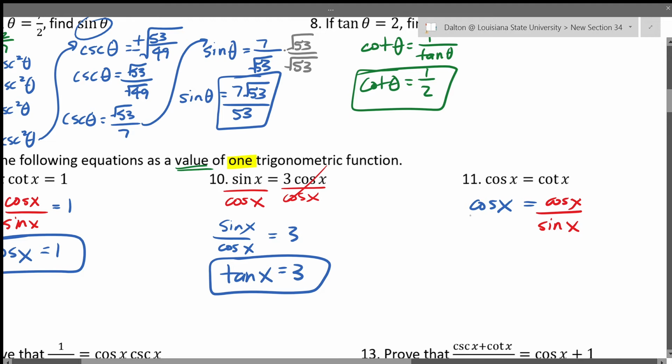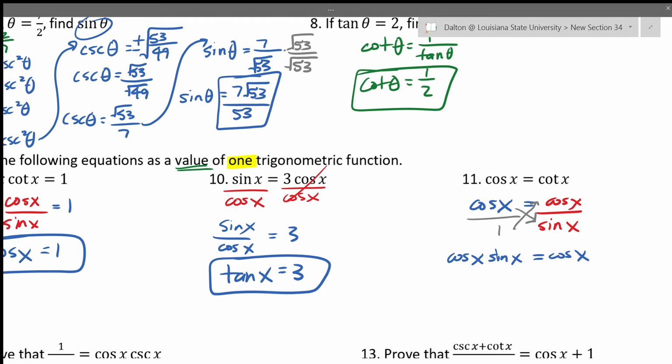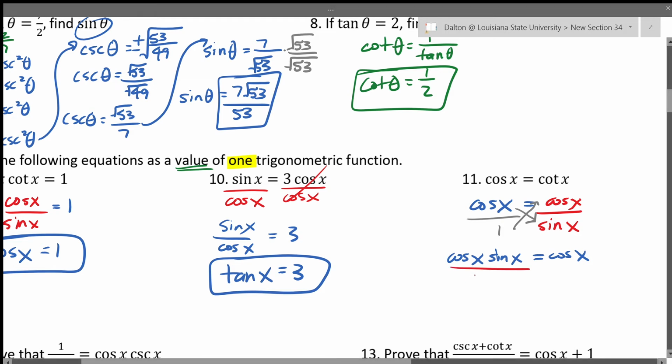I'm going to put the left side over 1, and then I'm going to cross multiply. So then when I cross multiply, I get the cosine of x times the sine of x equals 1 times cosine of x. And then if you notice that both sides have a cosine, I can go ahead and divide both sides by cosine x.